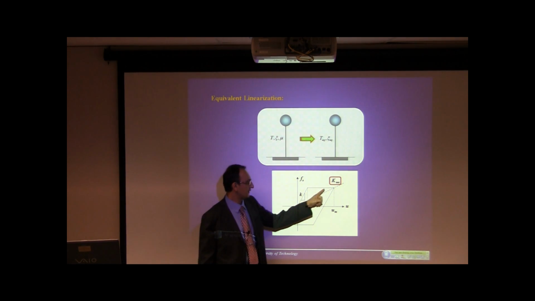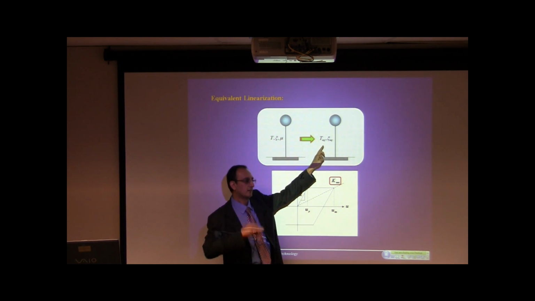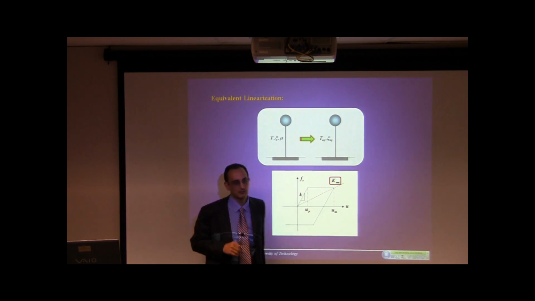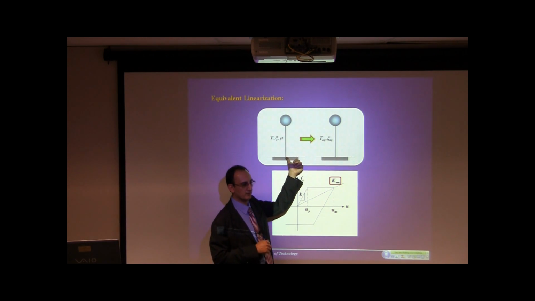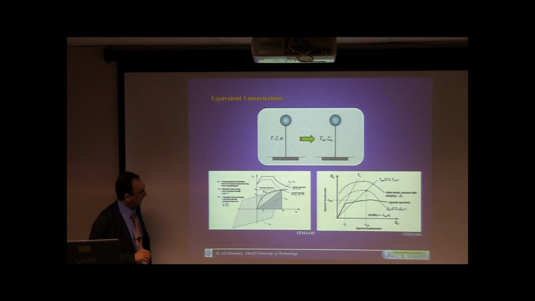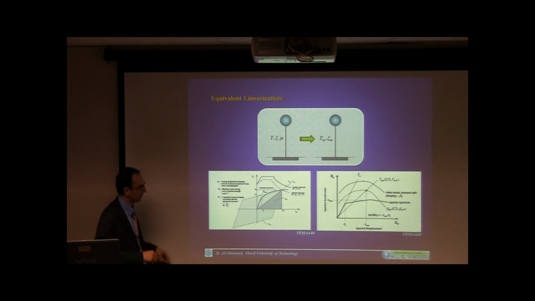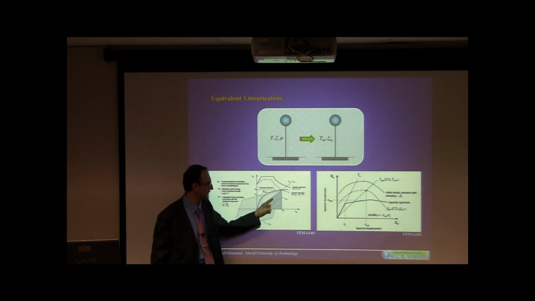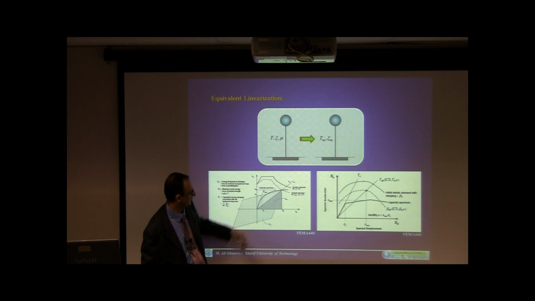So from the secant stiffness, you can find T equivalent, and after that, play with the damping to have the same response as here. And this graph is from FEMA 440. It employs this concept. For example, here for the secant stiffness, this is in the capacity spectrum method. We can ignore this part, for example.